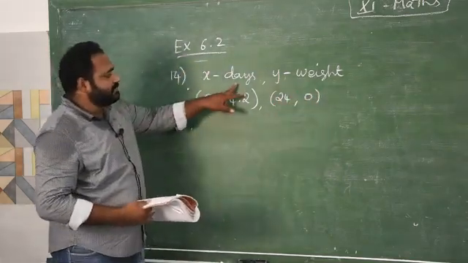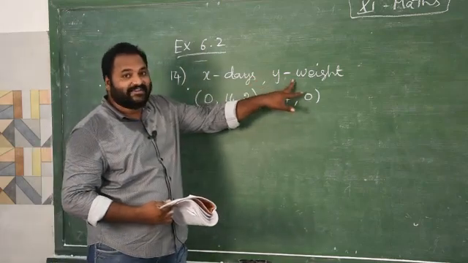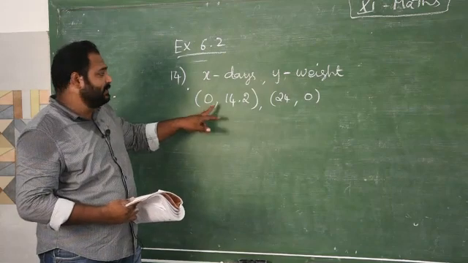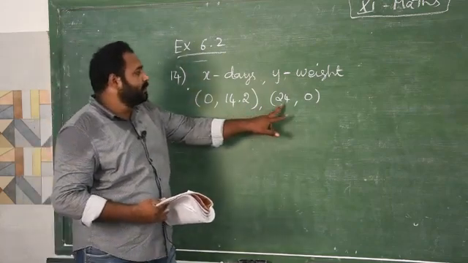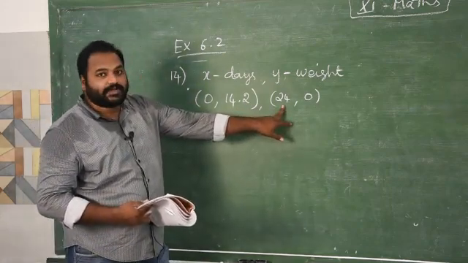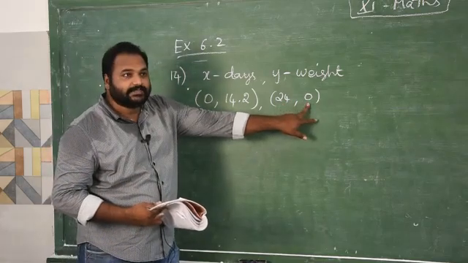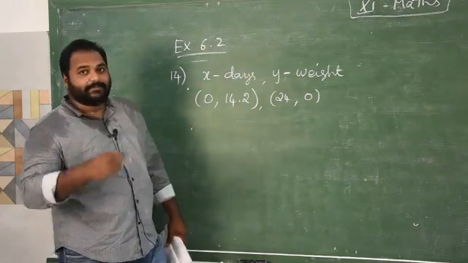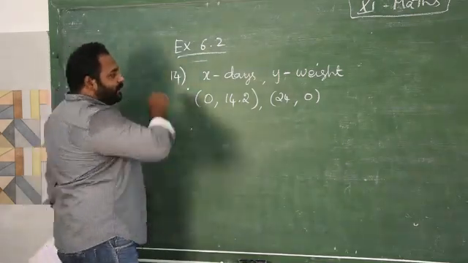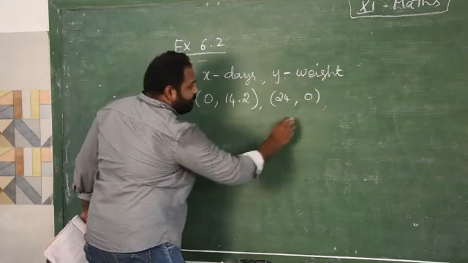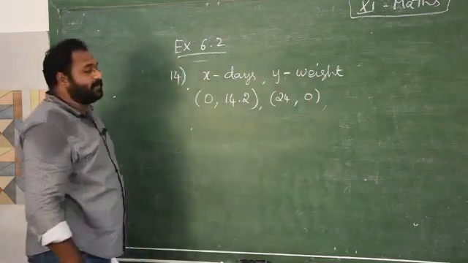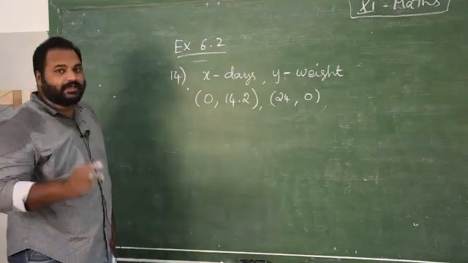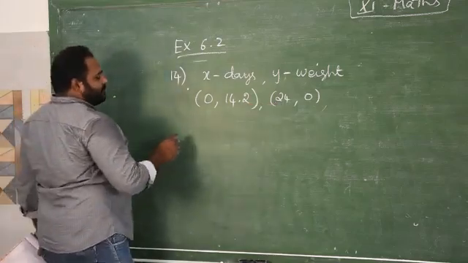So here X is days, Y is weight. On the first day, day 0, before using the gas, the weight is 14.2. After the 24th day, the weight is 0. So every 24 days they replace the gas. This is what I got from the question. So we have 2 points, and using the two-point formula, we can find the general equation.